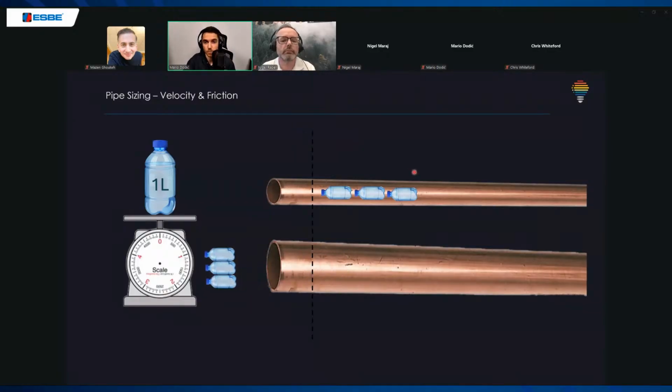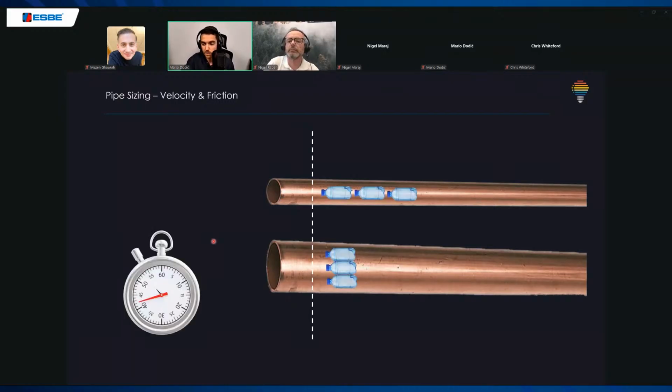If we have our pipes and we are pushing the water, you can see the difference between a bigger pipe and a smaller pipe. Here we are pushing the water much harder than there. This is one of the main issues when converting from old systems with delta T20 to new systems. Why is this important?